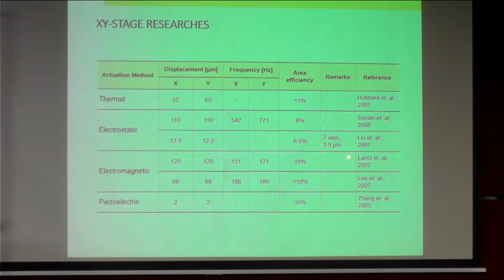Then you sacrifice the area that can be used, I mean the efficient area. Same goes for the thermal and electrostatic actuators, which also require a lot of space. Then you don't get your area as intended for the usage of the microstage.